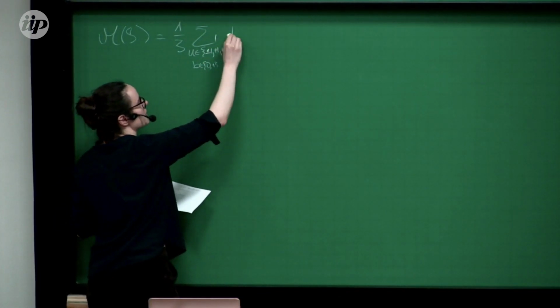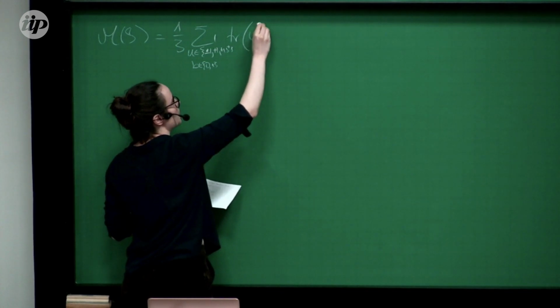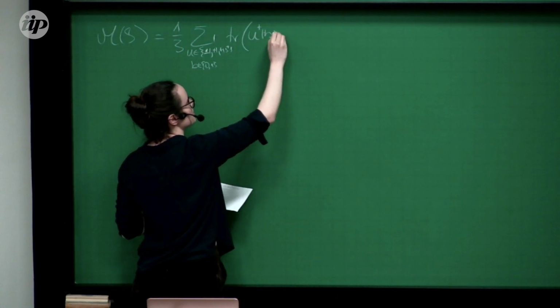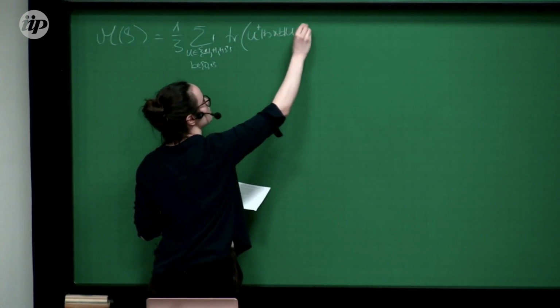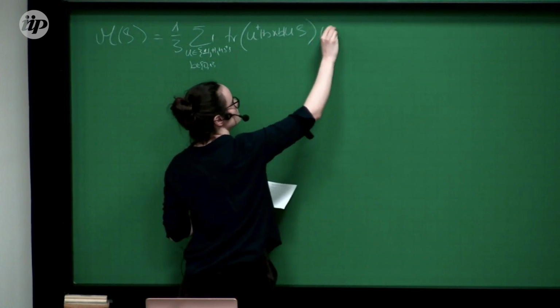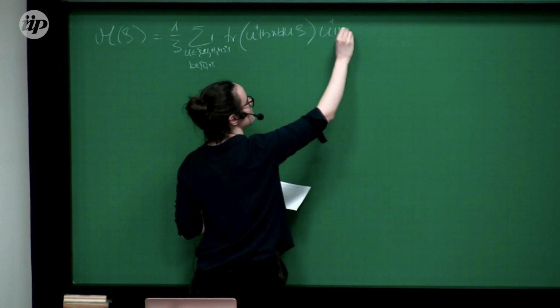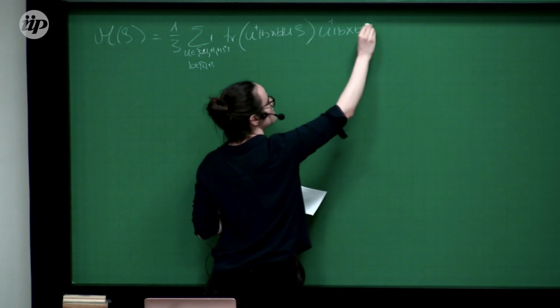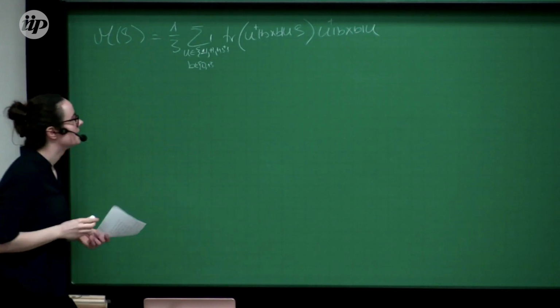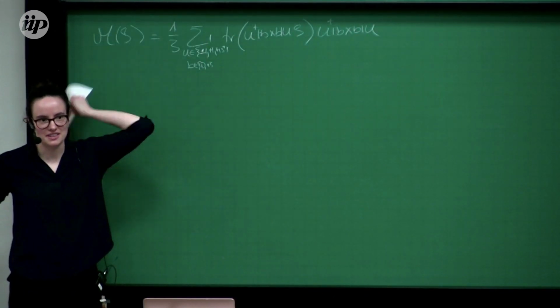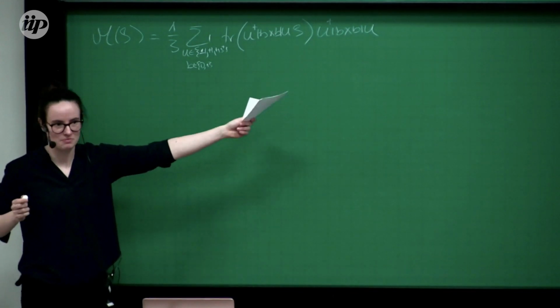And then we have our trace with the post measurement states, U rho U dagger, weighted with the post measurement states. Very good. And this should look familiar to you. We just had a similar expression before.